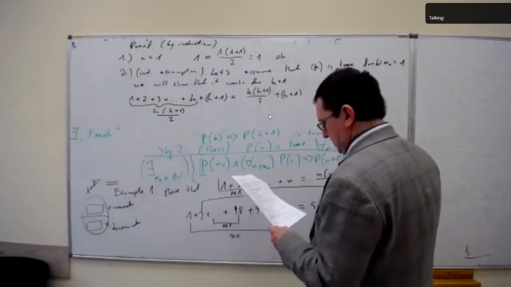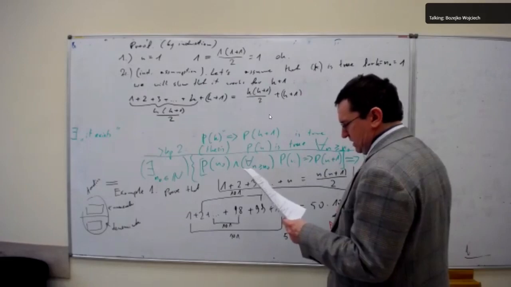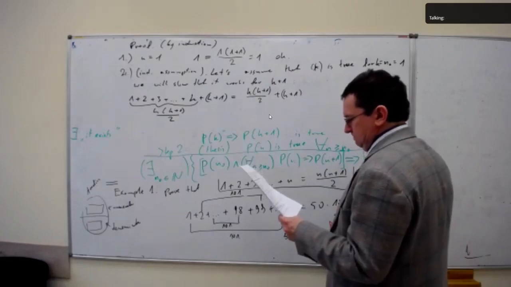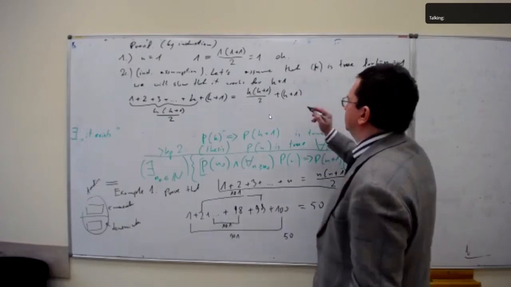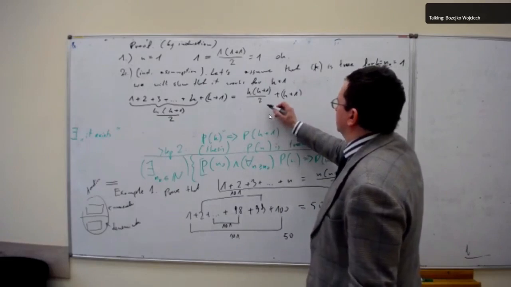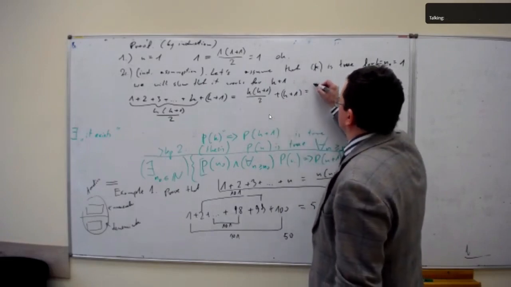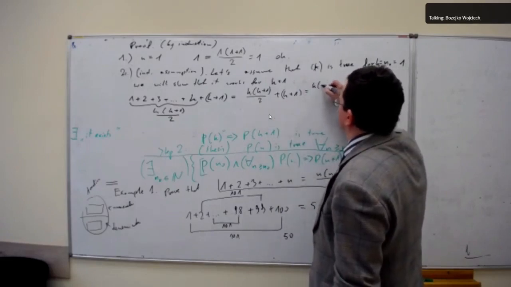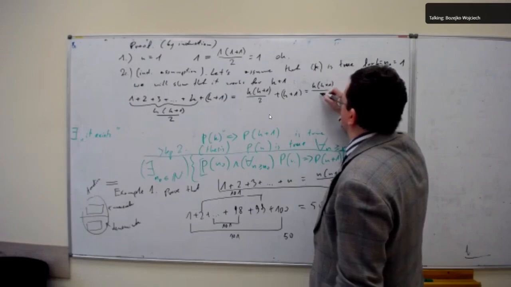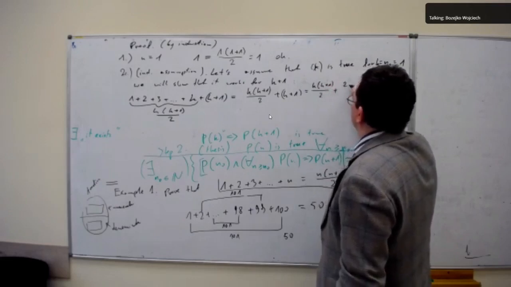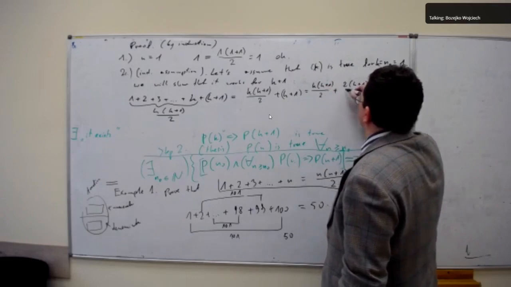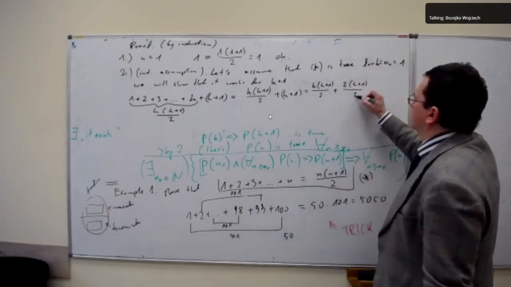Okay, so let us try. From the assumption, let us take k plus 1 divided by 2 plus 2 times k plus 1 divided by 2.